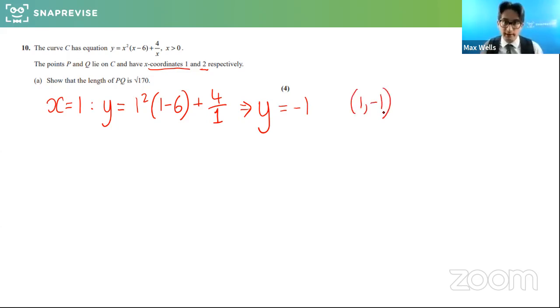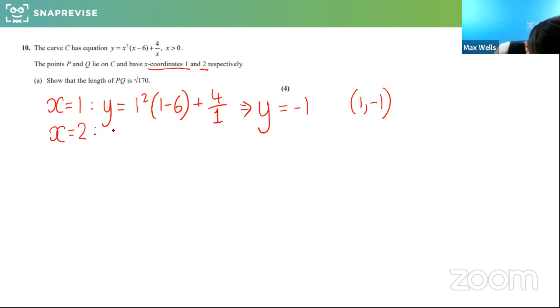And then you do the exact same thing for when x is 2. And it's brilliant that this seems quite clear to people. This is a recap that basically once you've found your coordinates, we're just applying Pythagoras to find the lengths. So if that's clear to you, that's excellent, because it's a really nice first part of this question. And the other good thing is to show that, so you kind of know if you've got it right or not.